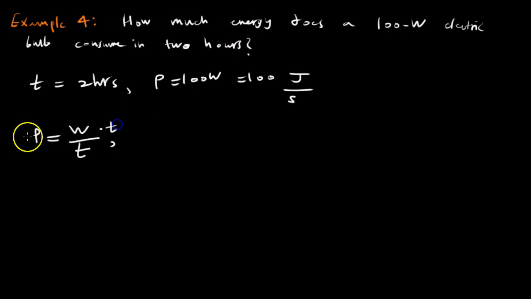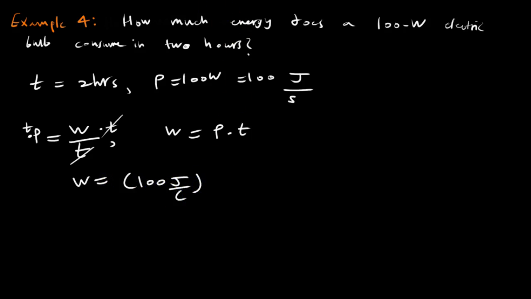Multiply both sides by T. So I'm going to get work is equal to P times T, and that is going to be equal to the power, which is 100 watts, or joules per second, multiplied by the total time, which is 2 hours, and we have to convert that into the correct units of seconds, otherwise we'll be in non-standard units.